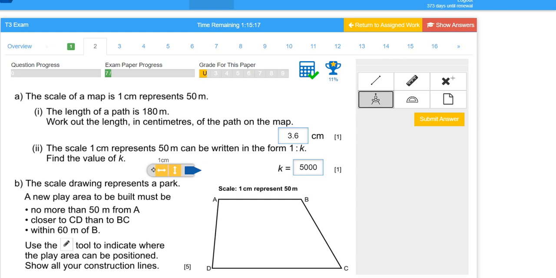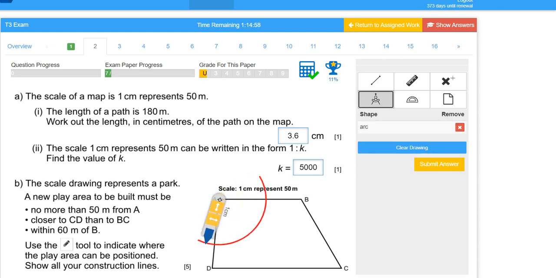And there we are. So now I'm going to move this to A. So I'll put that just on A. And then if it's no more than 50 meters from A, that's going to draw an arc. That there is exactly 50 meters from A. So it's going to be somewhere in here, inside that, or possibly on the outside.